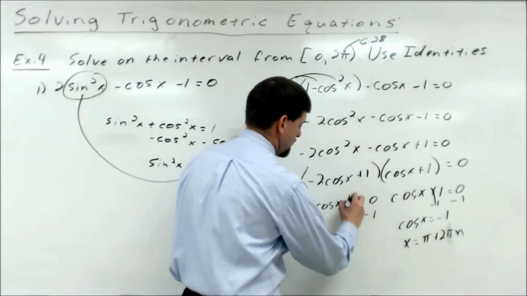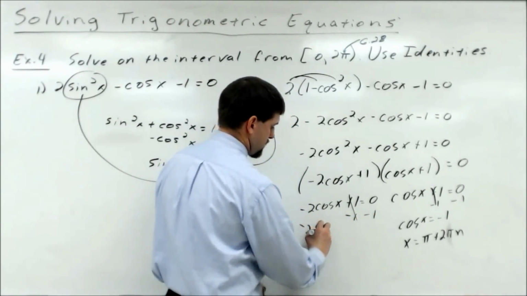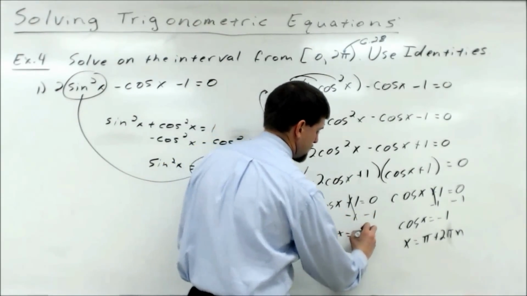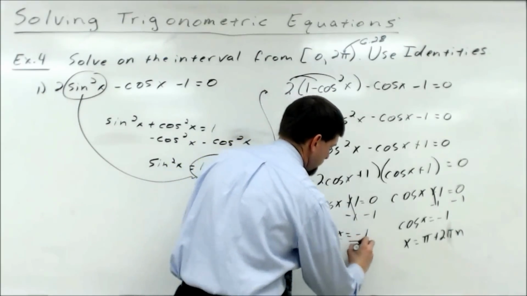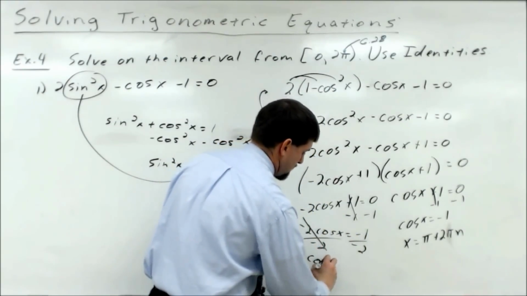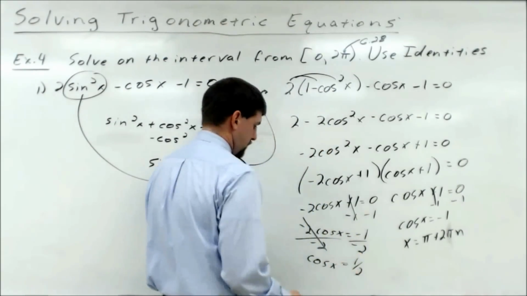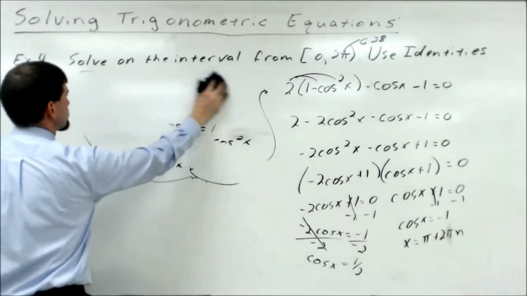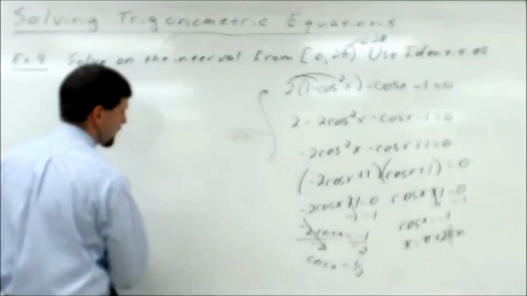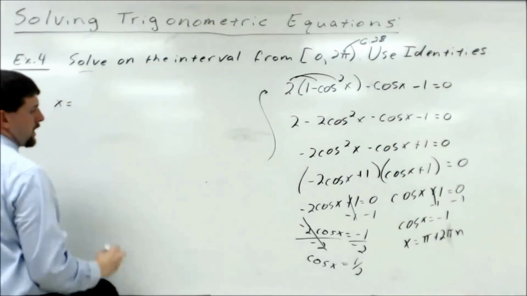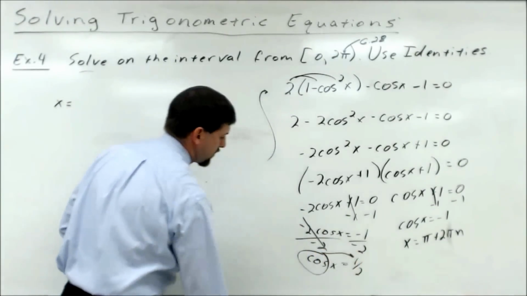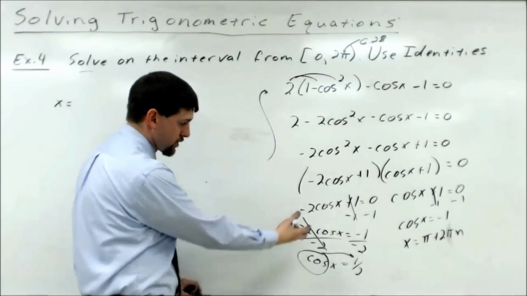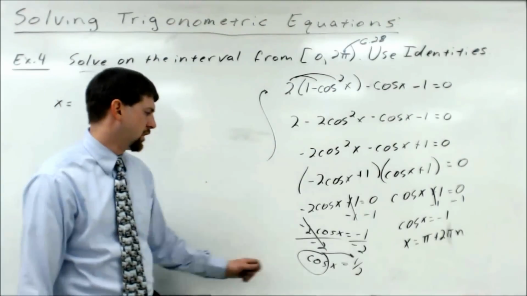This side, move the 1. So negative 2 cosine x equals negative 1. Move the negative 2, and cosine of x equals a half. In which case, go ahead and write it over here. X is equal to, move my cosine in either inverse cosine or work through it intuitively.